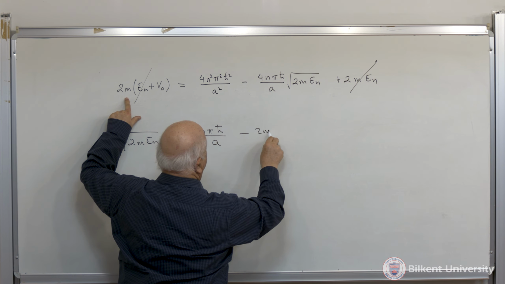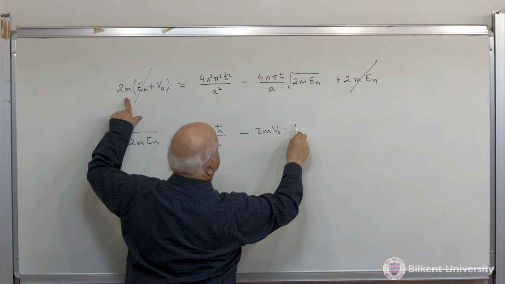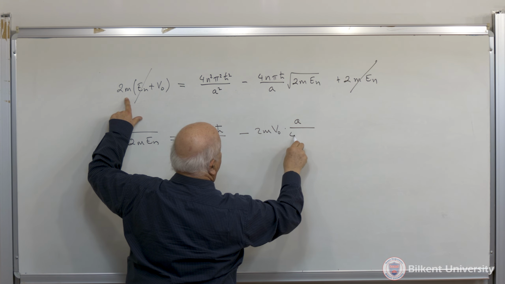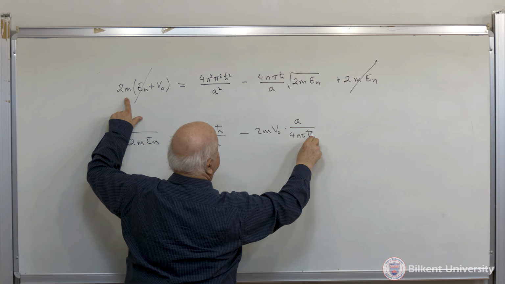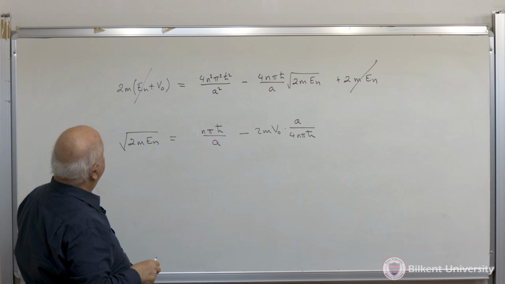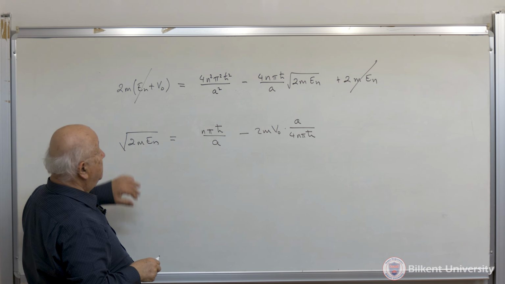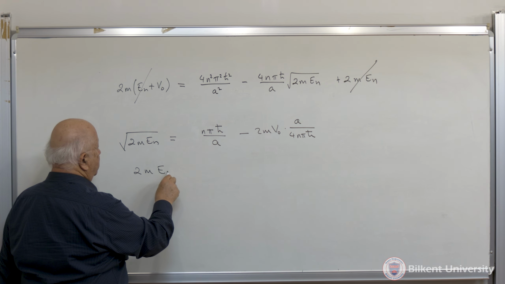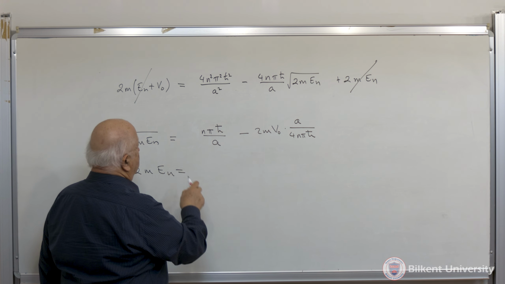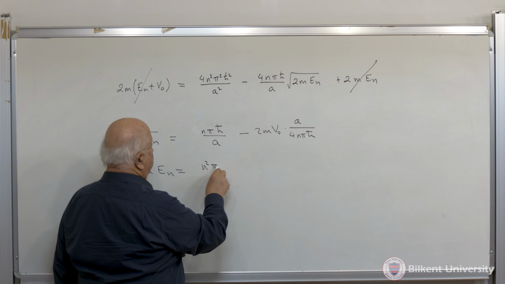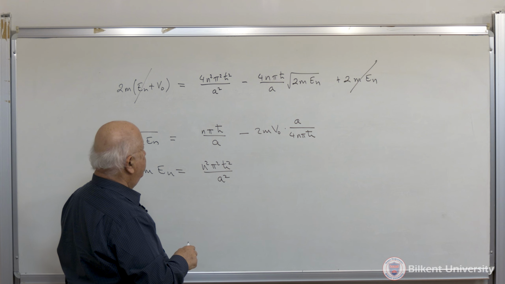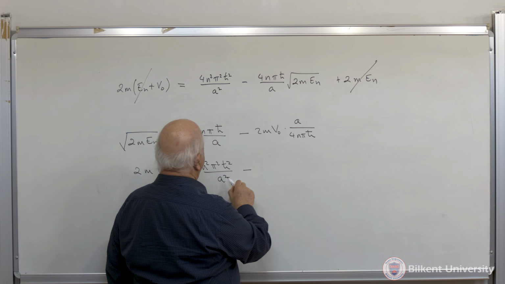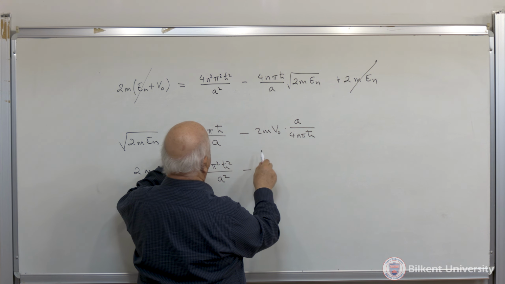2mv0 times the reciprocal of this, a over 4n pi h bar. I think that's okay. Right? So now let me square both sides so that I get 2mE_n equals n squared pi squared h bar squared over a squared, minus a cross term.